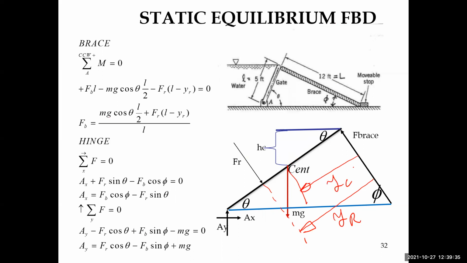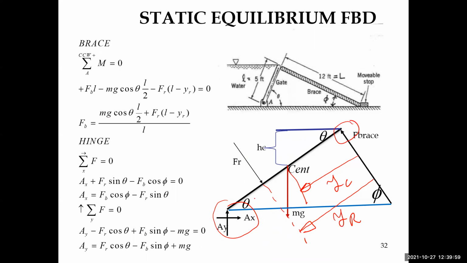Okay, so now I need to find the 3 external forces acting on the gate. The 3 external forces would be the hinge reaction forces, A x and A y, and also the force of the brace acting on the gate.